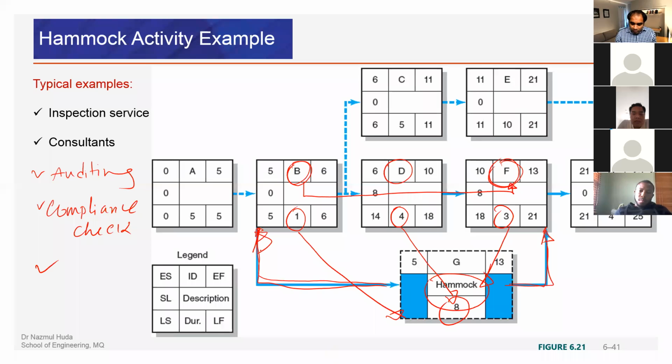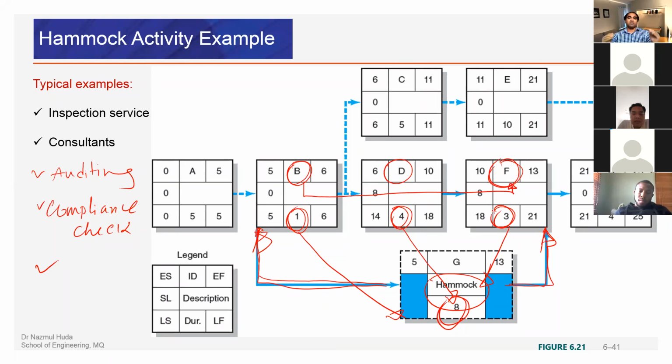We call it a hammock activity. It shows as a hammock within the project, within the chain, and the total number of days depends on the duration of the activities that the hammock activity is involved in. Remember, this is not additional time, but this is within the time frame.